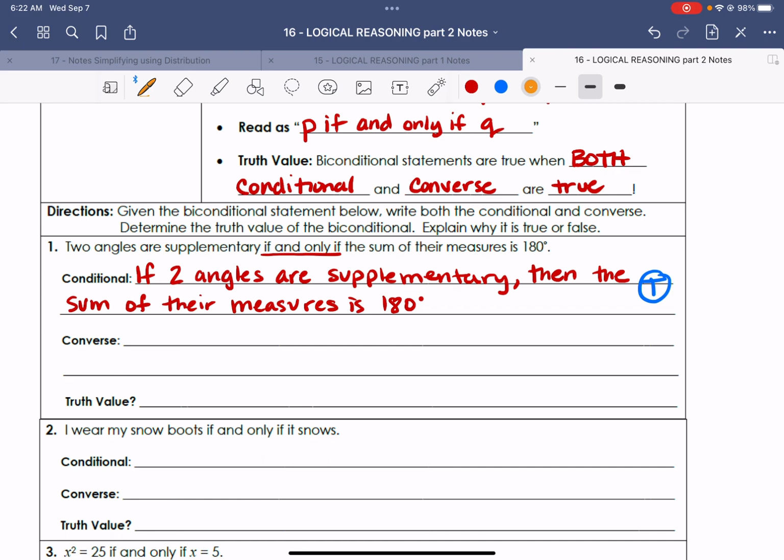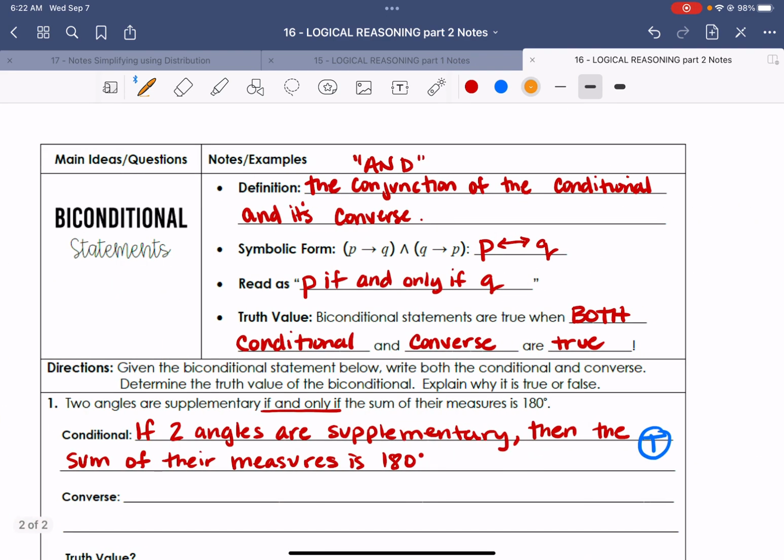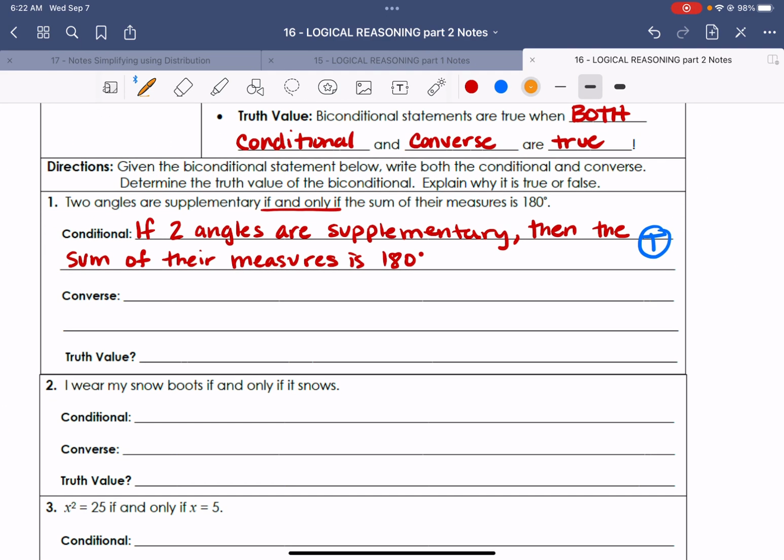Okay, the converse, remember, go back to your notes. The converse is where we switch the order. So we're going to take what we just did and flip-flop the order. So you can write here, switch order.